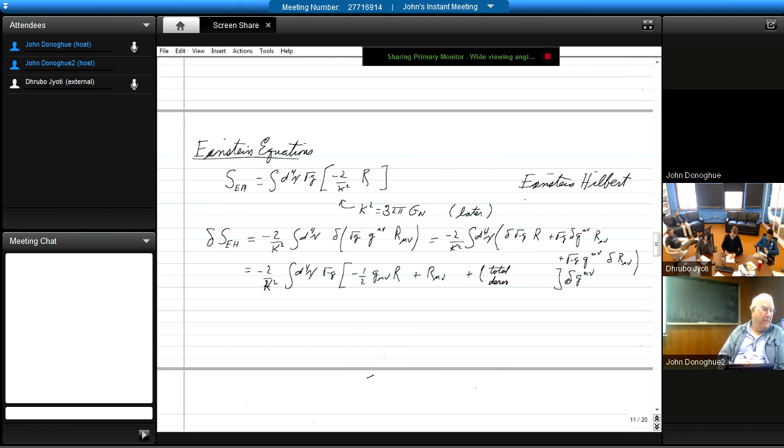This is going to be a total derivative. So I'm going to come back and do the delta R_{mu nu} and argue that it's a total derivative in just a second.